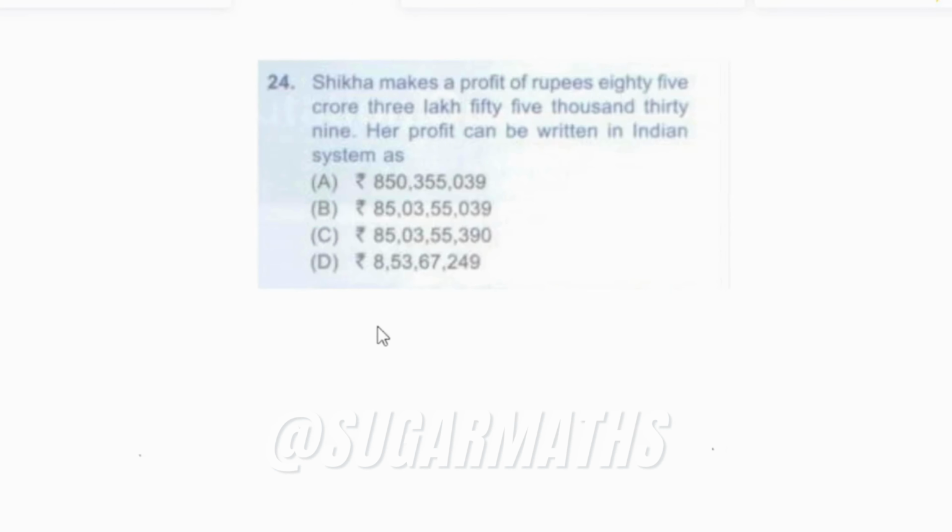Let us now look at question number 24. Question number 24 reads as, Shikha makes a profit of rupees 85 crores 3,55,039. Her profile can be written in Indian system as.